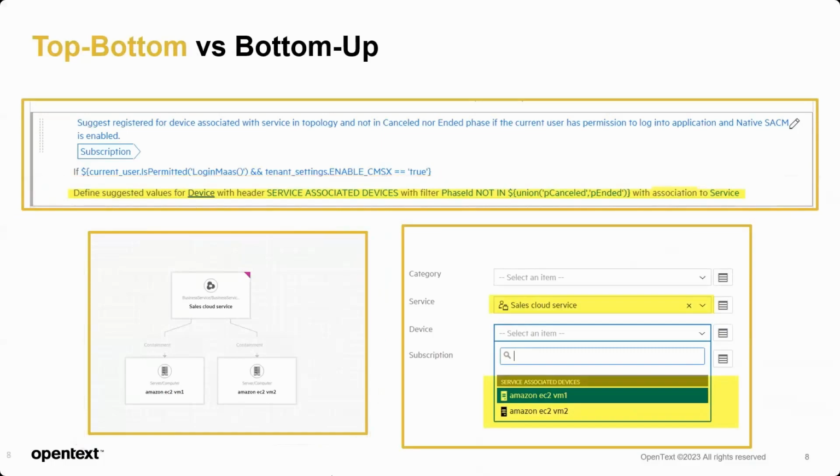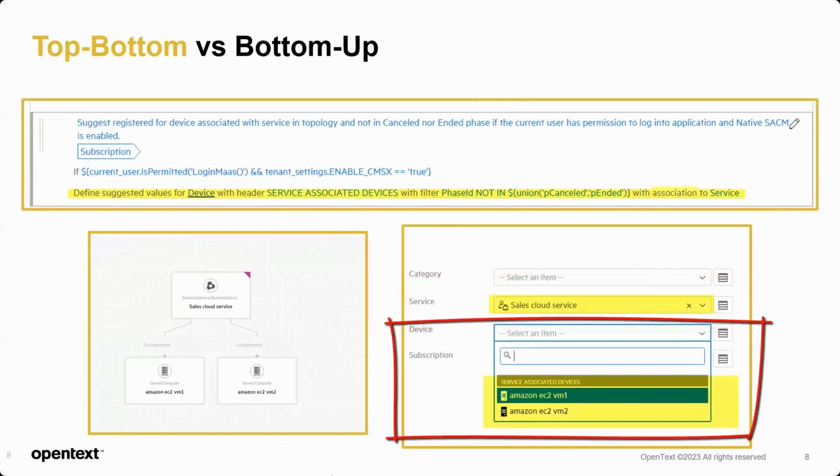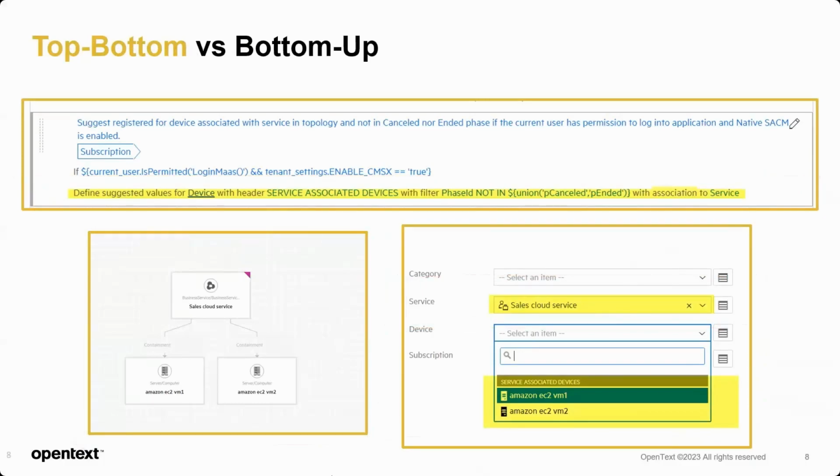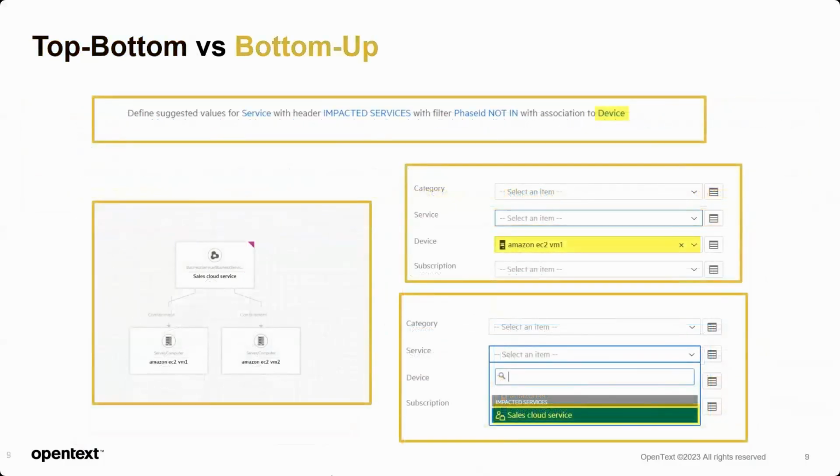The screenshot on the right shows the actual situation when the service is selected, and then when we click the device, we will notice only two items displayed, VM1 and VM2.